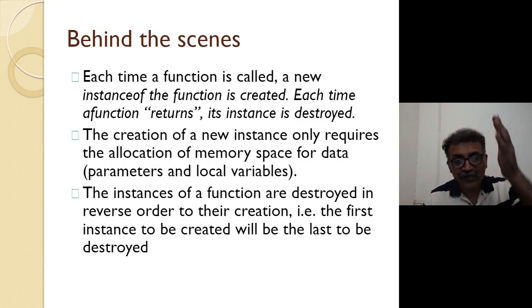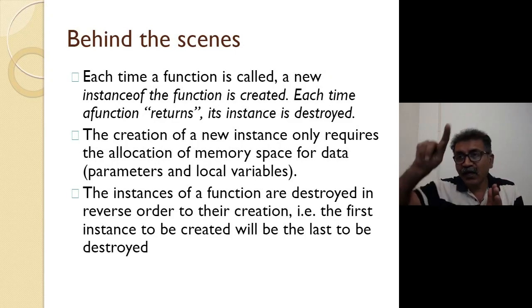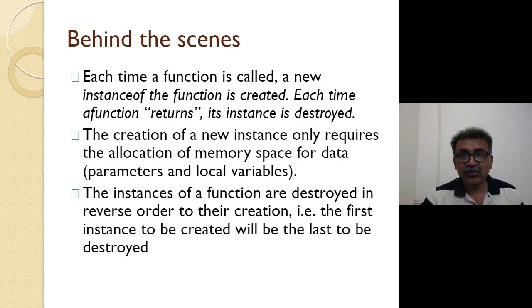A new function is created each time, so when you send 5 as an argument to factorial, 6 bodies of the function factorial were created, and each time the return control came from the end, it went on destroying those instances. So it is created and destroyed. The creation of a new instance only requires the allocation of memory space for data.